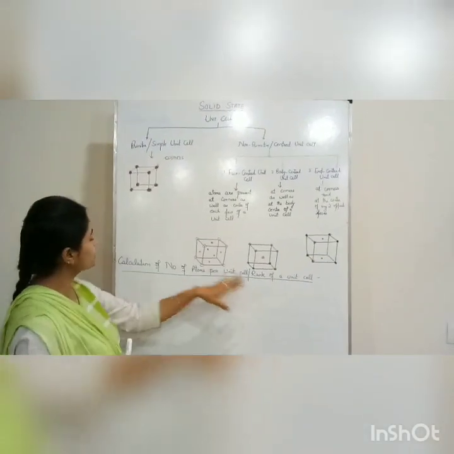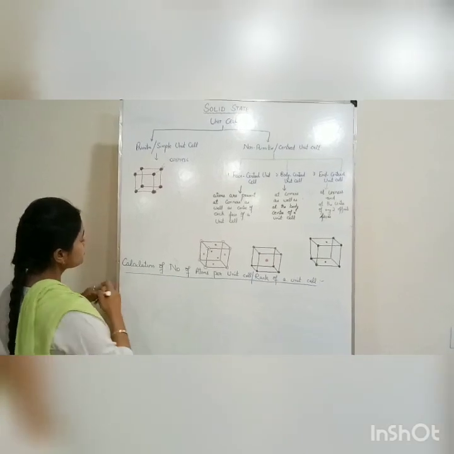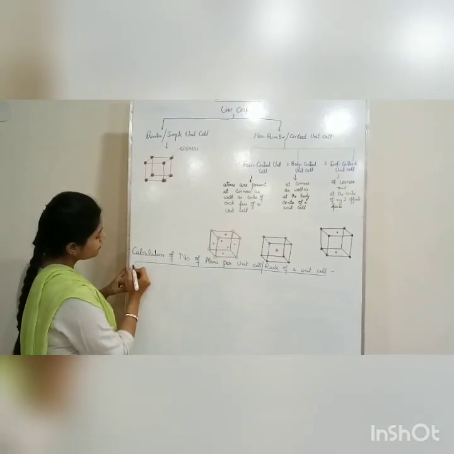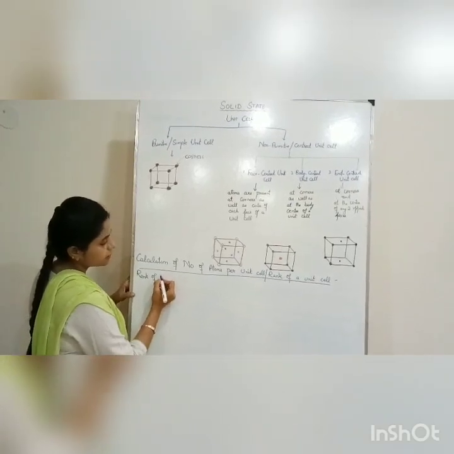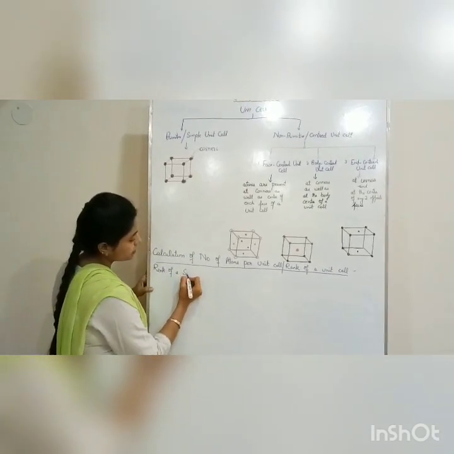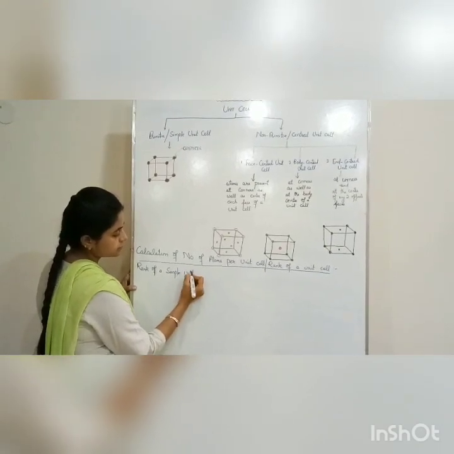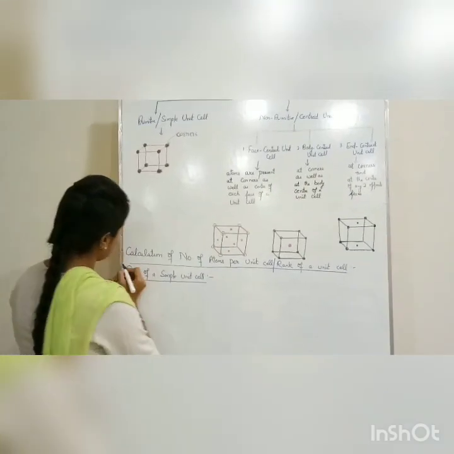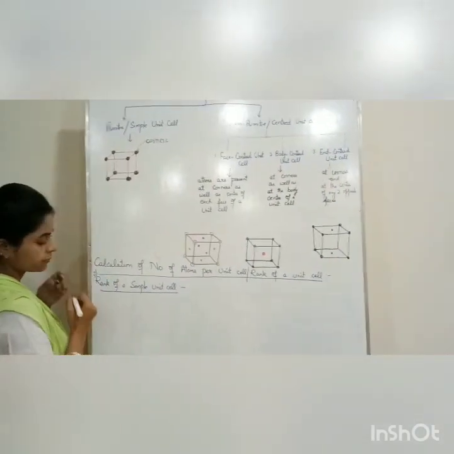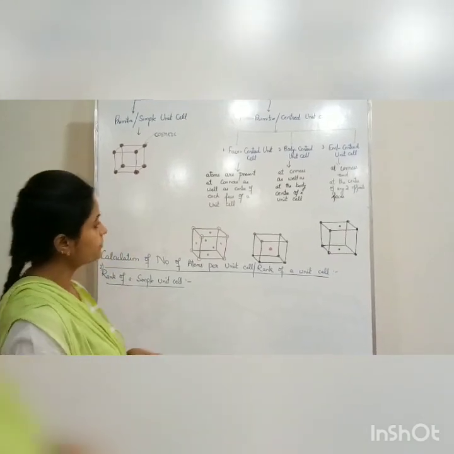So, rank of a unit cell is the same as the number of atoms per unit cell. Firstly, we find out rank of a cell for simple unit cell. How can we calculate rank of a unit cell?